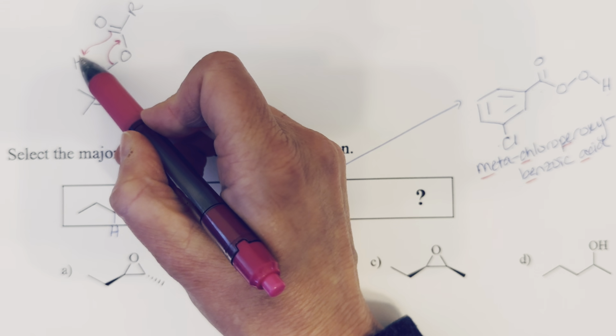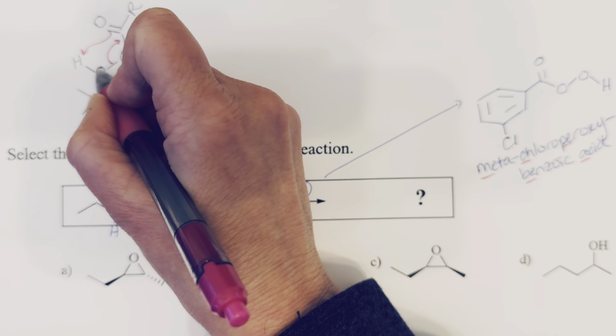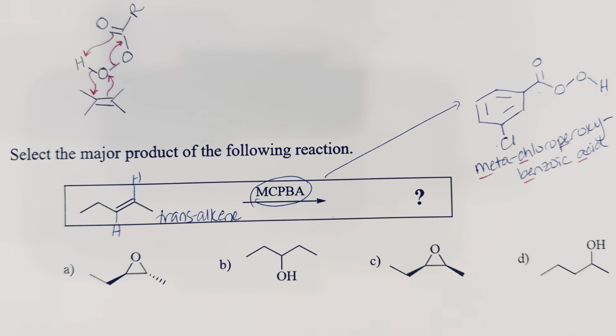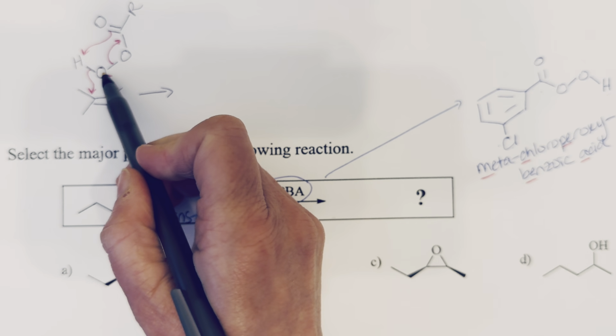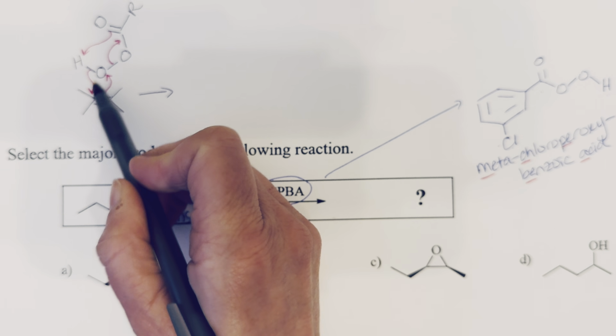So that means that we are bonding this hydrogen to this oxygen. And we're going to use the electrons from the oxygen-hydrogen bond to come back around and bond to the alkene. So let's see if we can follow what those arrows are doing. So we are overall transferring this oxygen to be bound to both carbon atoms of the alkene.